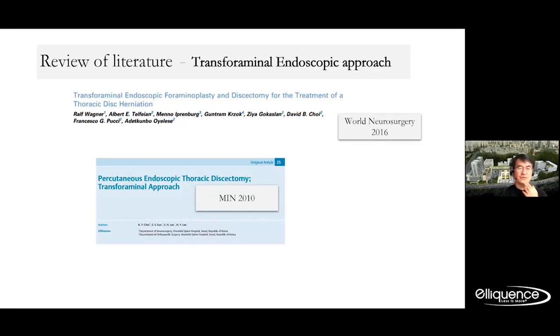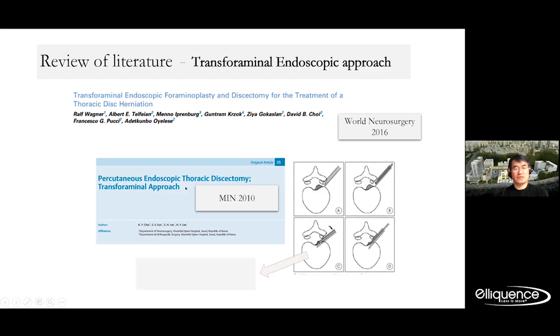So I'm going to review some literature. Just a few papers have been published right now. The first paper published is this paper, percutaneous endoscopic thoracic discectomy, in the journal Minimally Invasive Neurosurgery in 2010, exactly 10 years back.